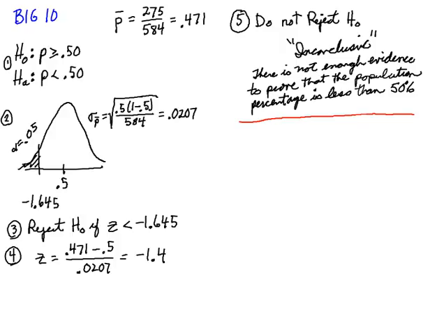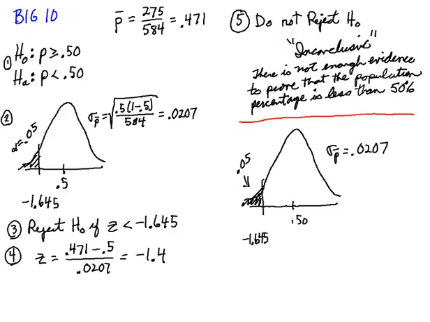And I want to go ahead and show how to run this same test using the p-value. So I'm going to go ahead and look again at my sampling distribution. My sample percentage or proportion 0.471 has a z-value of -1.4. That's also called my test statistic.